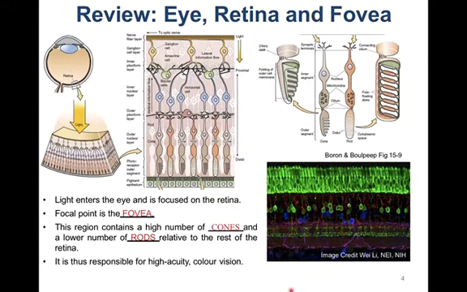Okay, and then just some nice fluorescence imagery here. You can see the rods and the cones colored in green, the various different types of bipolar cells and amacrine and horizontal cells, and then ultimately the axons of the ganglion cells converging into the optic tract at the optic disc.